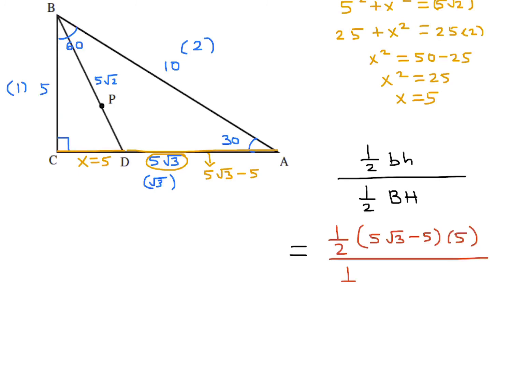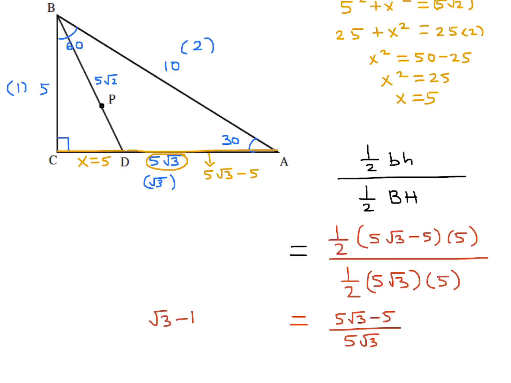And then the entire triangle, the base is all the way from there to there, which is 5 root 3, and the height is the same, 5. So the halves cancel, the 5s cancel, so all we're left with is 5 root 3 minus 5 over 5 root 3. The 5s cancel, so we're left with root 3 minus 1 over root 3.